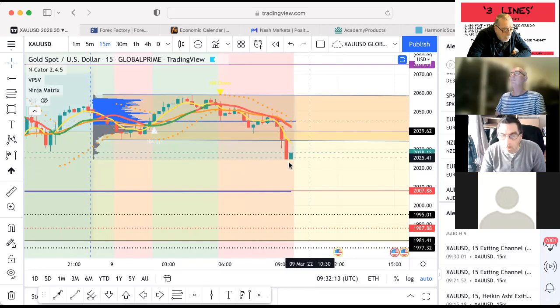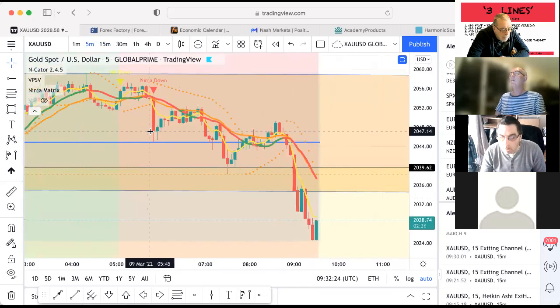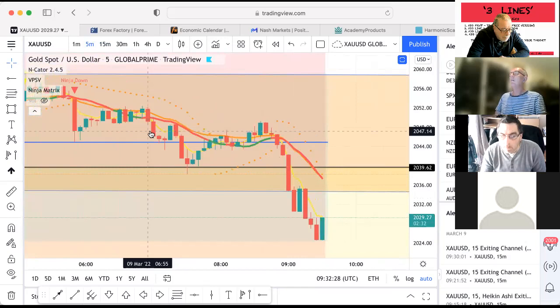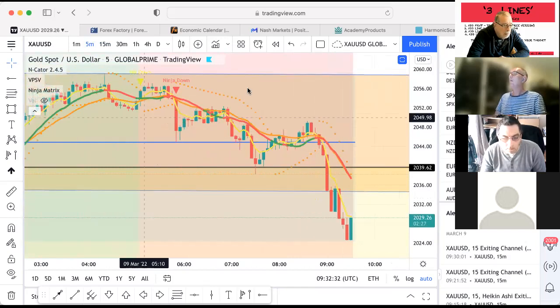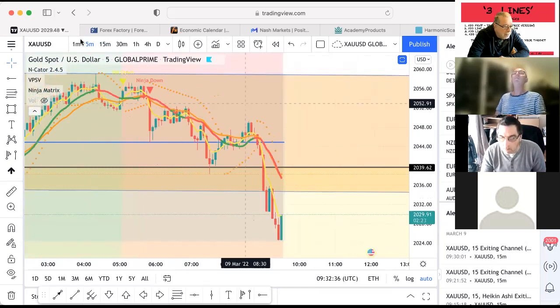So I wouldn't get in right now because price is going upwards, but I would certainly keep an eye on it. That's the 5-minute chart. It's possibly having a temporary pullback. But I'm still biased towards a sell in those circumstances.